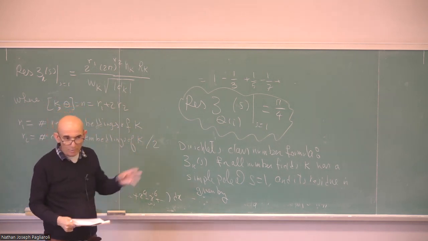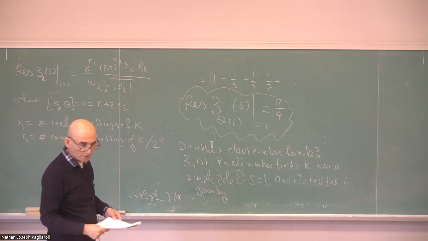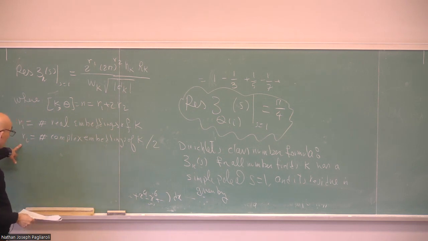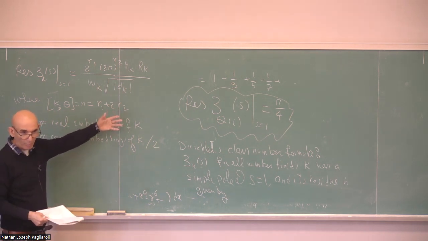This number of complex embeddings is always even. You divide it by 2, you get r2. So if you want, you can say 2 r2 is the number of complex embeddings.